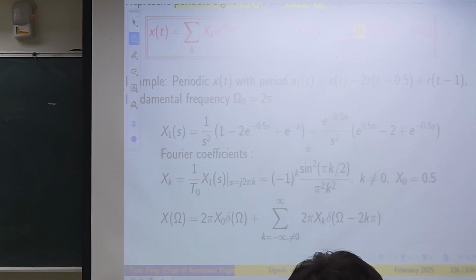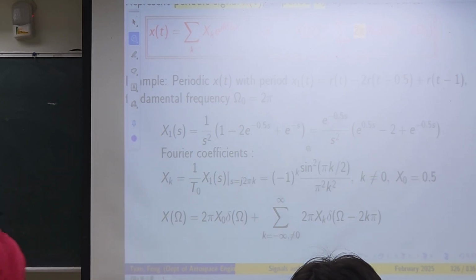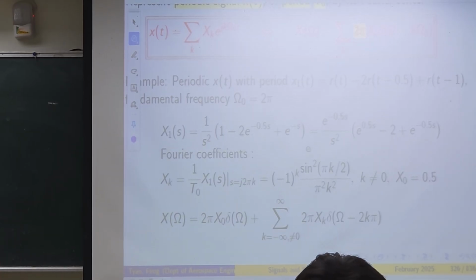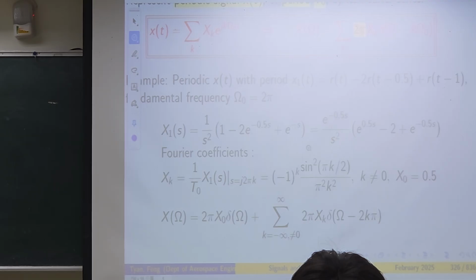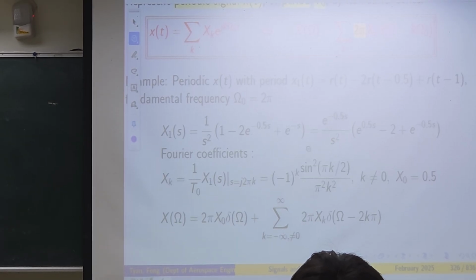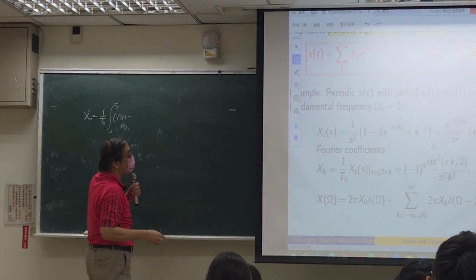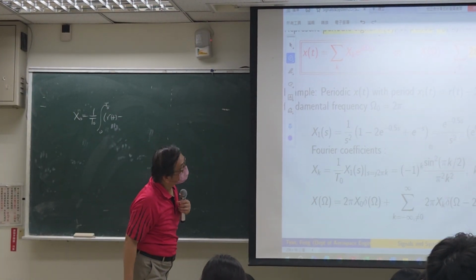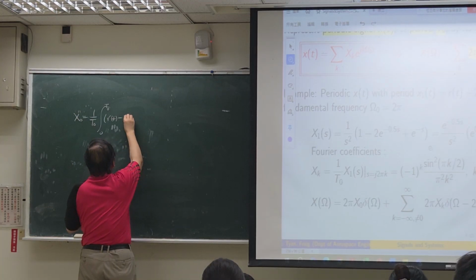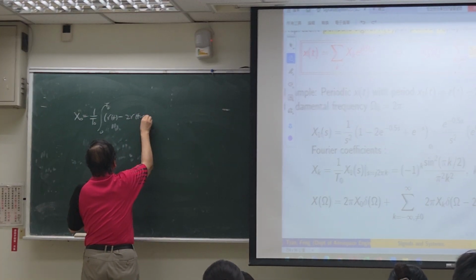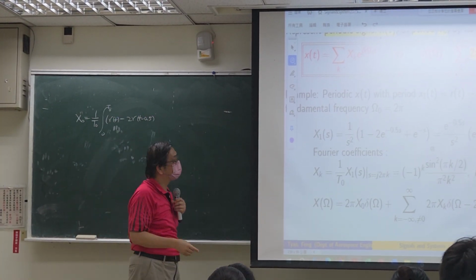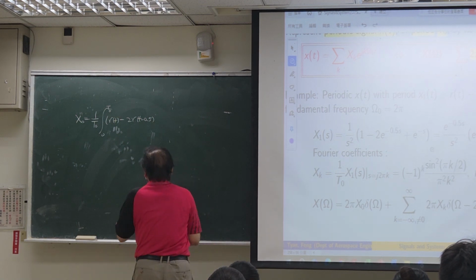So that is for k equals 0. That's 1 over T 0 times the integral involving R of t, R of t minus 1 plus R of t minus 1.